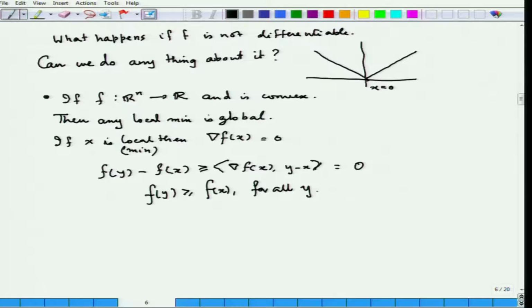y minus x. This also triggers a slight generalization of the notion of convexity, because if you observe, if I take this, then what do I see?